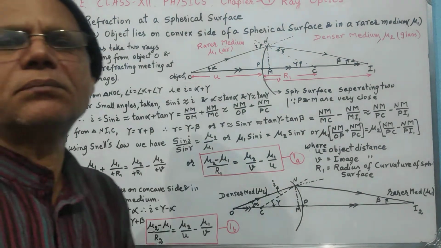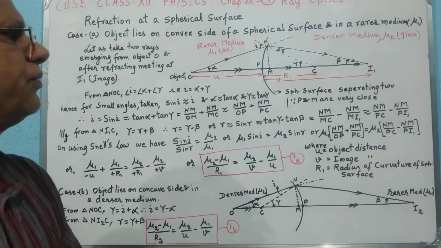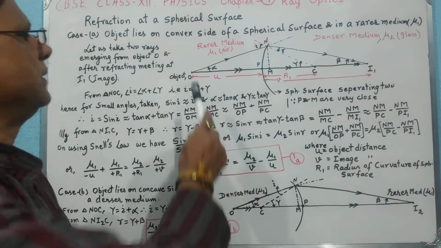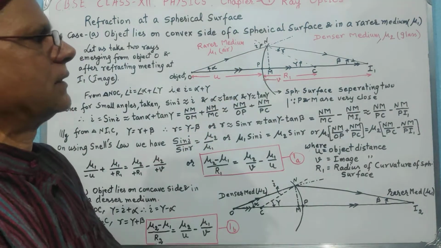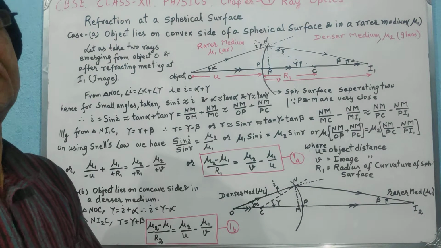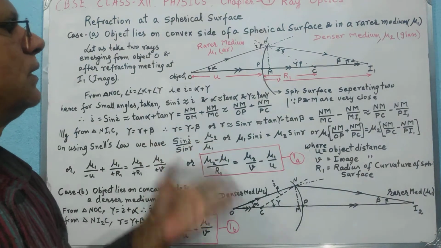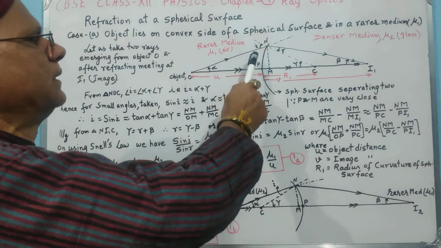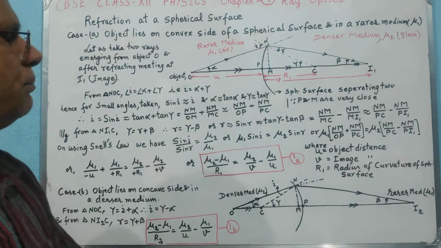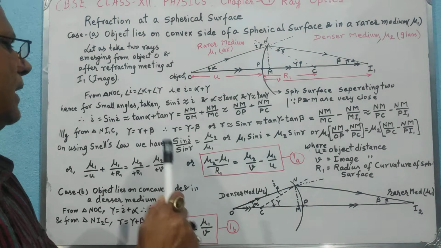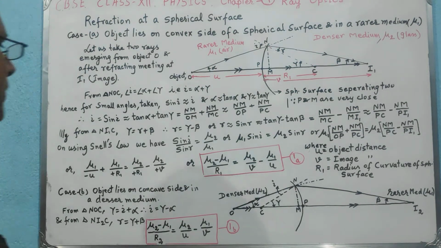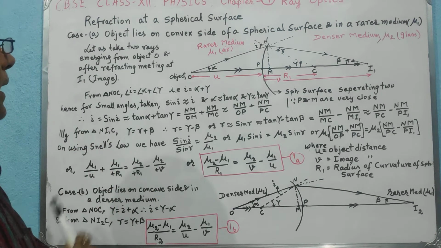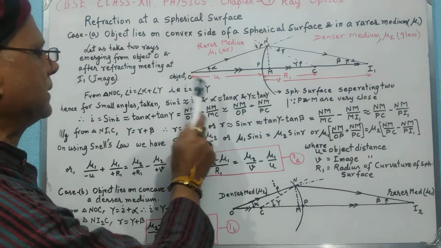Now here we do some minor manipulations for our comfort. We take that these angles i and r, all the angles, if one of them is small, the others will remain small. So we are taking small angles, and for small angles we can approximate i is nearly equal to sin i, and i is equal to alpha plus gamma.